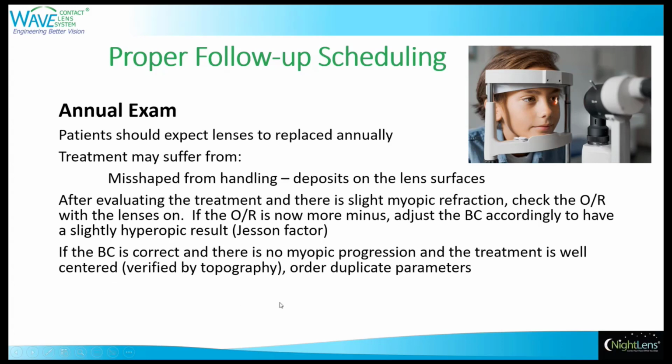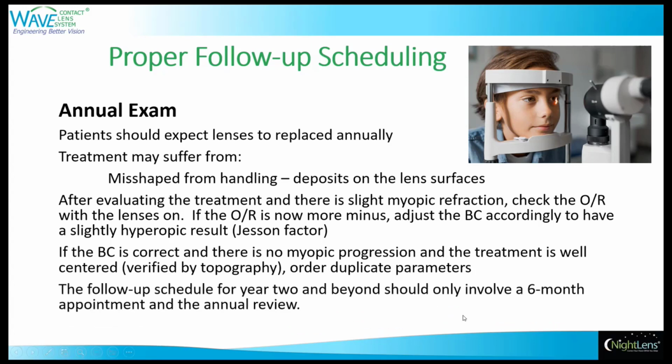If the base curve is correct, there's no myopic progression, and the treatment is well centered, verified by topography, of course, then just order duplicate parameters. The follow-up schedule for year 2 and beyond is very slight, and it only involves a 6-month appointment and, again, an annual review.